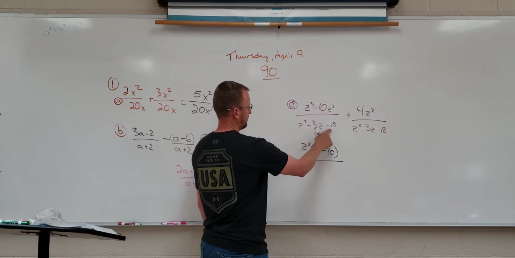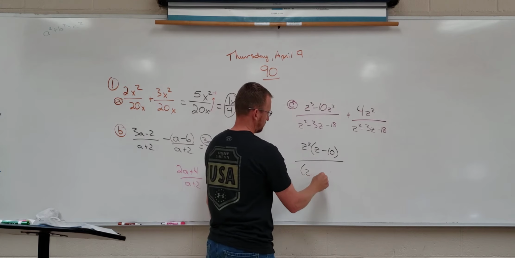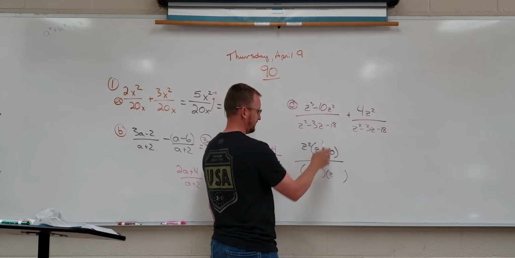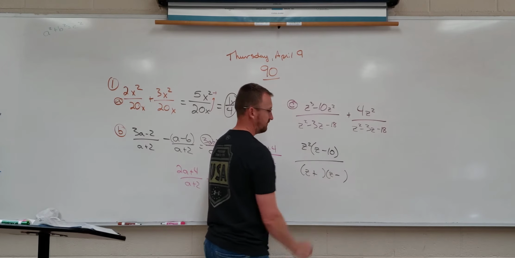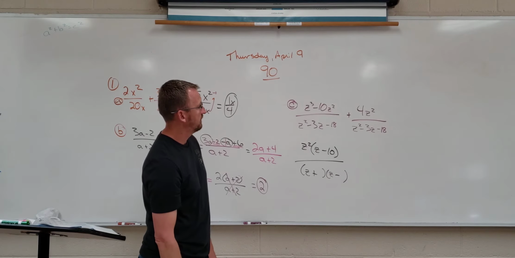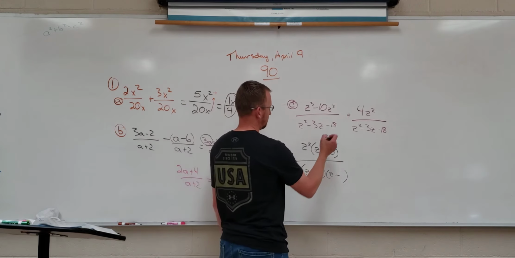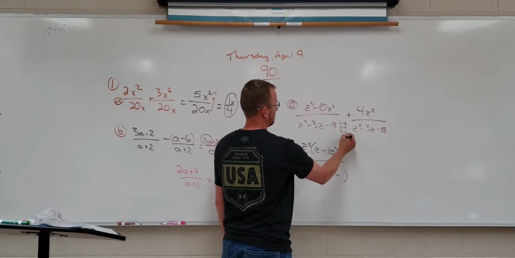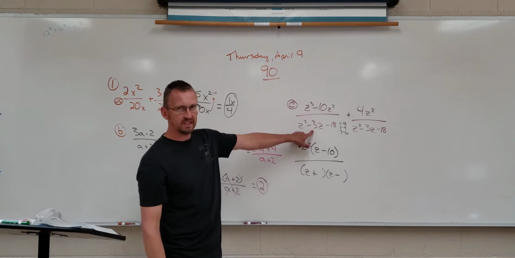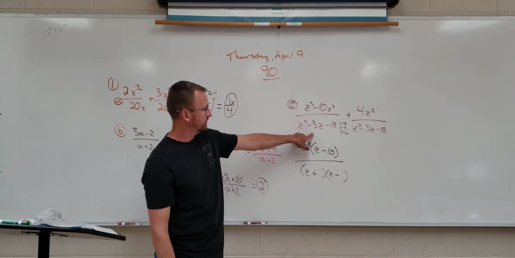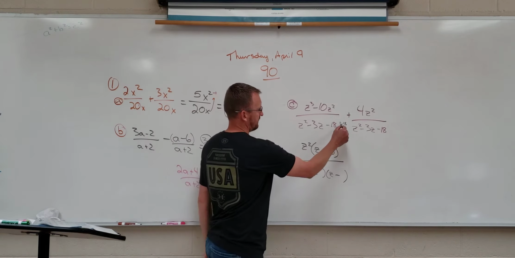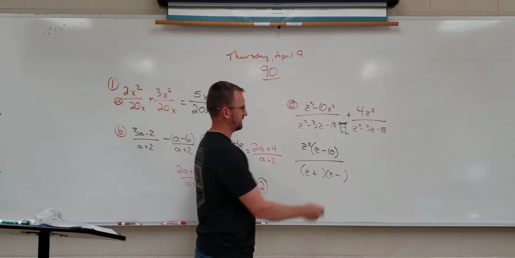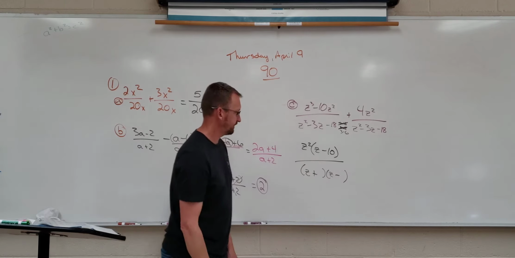We need to factor this. So I've got z and z. If this is a negative, one's got to be positive, one has to be negative. Factors of 18: 1 and 18, 2 and 9, 3 and 6, and I need to have a negative 3. 1 plus or minus 18 is not going to give me negative 3. 2 plus or minus 9 is not going to give me negative 3.